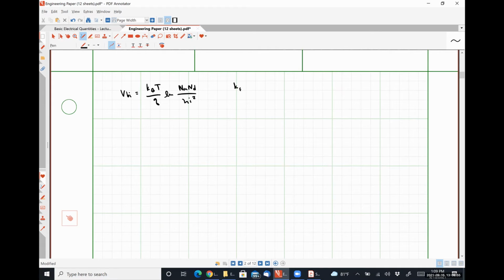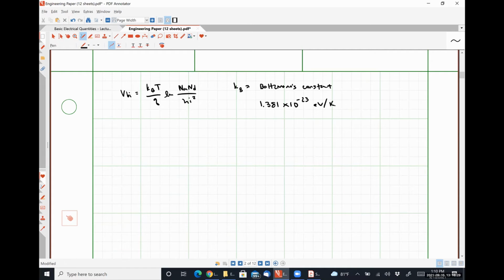I know this is equations inside of equations with constants inside of constants, I apologize. KB is Boltzmann's constant, having a value of 1.381 times 10 to the minus 23 electron volts per Kelvin.